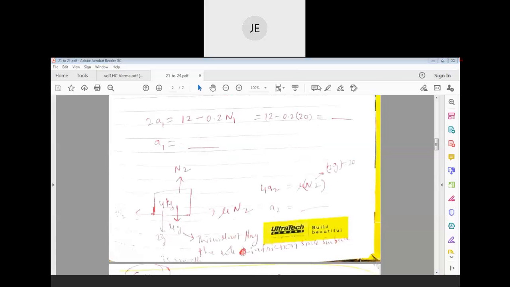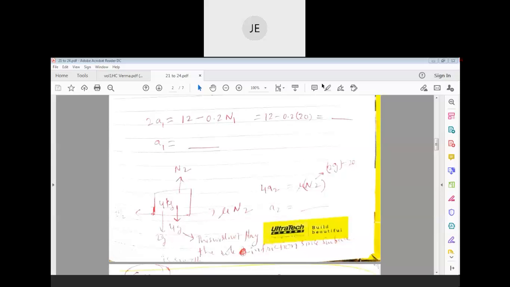For the 4 kg block, an important point to be noted is, if you draw the free body diagram, two weights are acting, 2 kg and 4 kg. But in the frictional force expression, we will not take the 4 kg weight in that normal force expression. Why? Because the 4 kg block is kept on the smooth surface. That is a very, very important point.